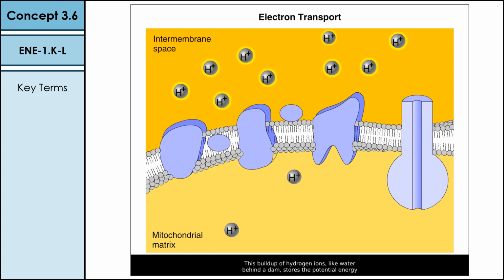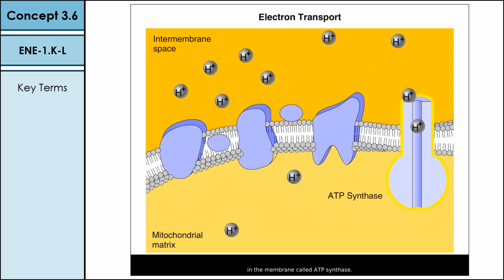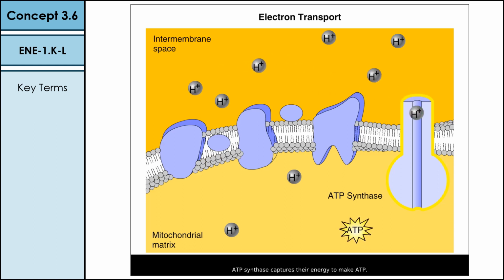This buildup of hydrogen ions, like water behind a dam, stores the potential energy that was originally in the bonds of glucose molecules. The backed up hydrogen ions give up their energy when they diffuse through a special protein in the membrane called ATP synthase. As hydrogen ions flow down their concentration gradient, ATP synthase captures their energy to make ATP. This mode of ATP production is called oxidative phosphorylation because it is powered by the transfer of electrons to oxygen.